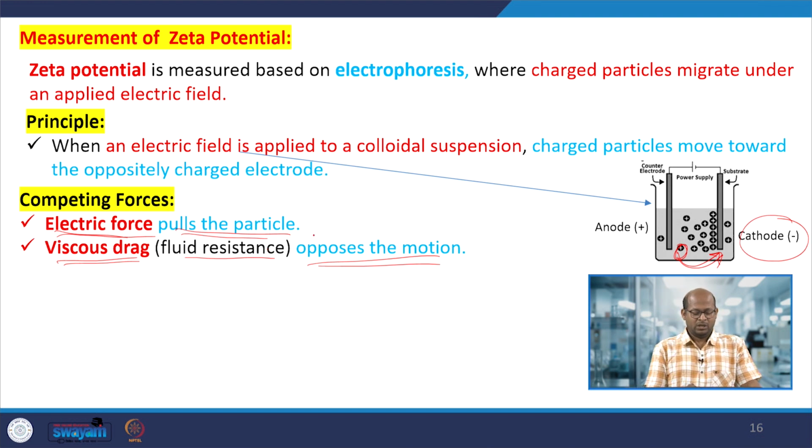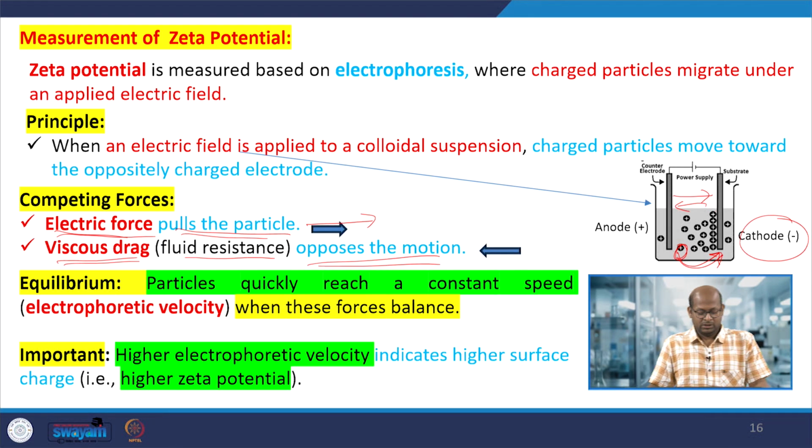When the electric field is applied, it attracts the particles in one direction and viscous drag acts in the opposite direction. After a certain period of time there is an equilibrium: particles quickly reach a constant speed when these forces, the electric force and the viscous drag, are balanced. Then at constant speed the particles move from one point to another.